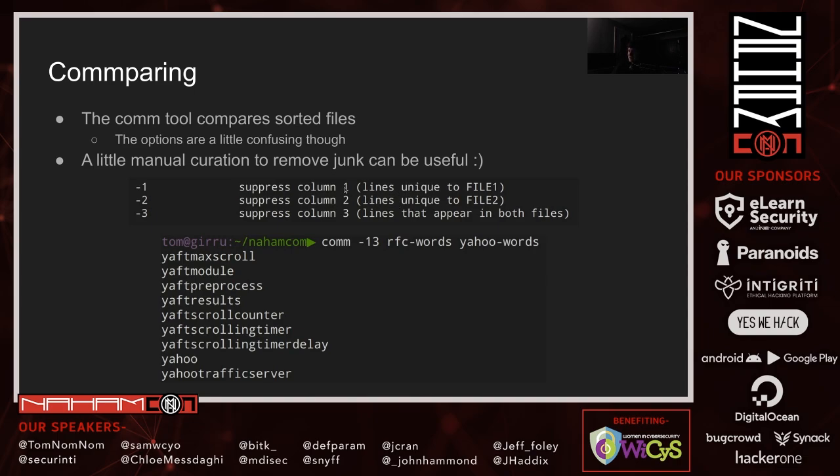And we can see there's columns 1, 2, and 3, where 1 is lines unique to file 1, 2 is lines unique to file 2, so that would be the RFC words and Yahoo words respectively, and 3 is lines that appear in both files. And in this case, I only care about the words in column 2, so I'm going to suppress columns 1 and 3 with -1 -3, which can be combined.